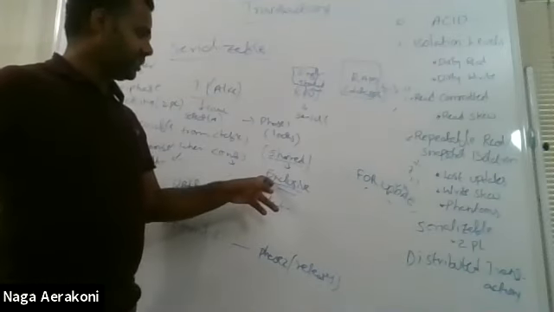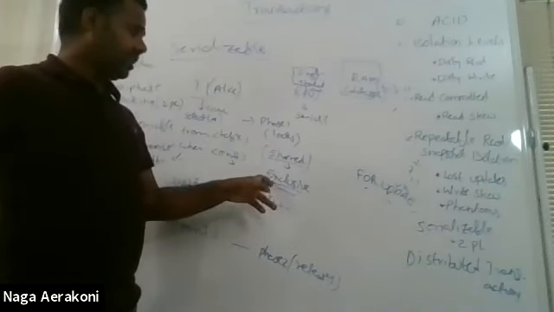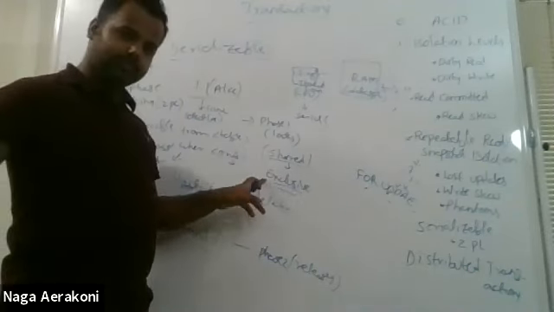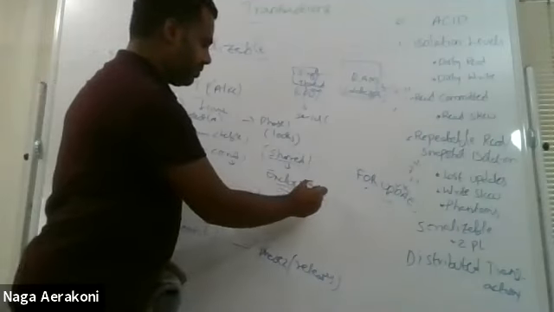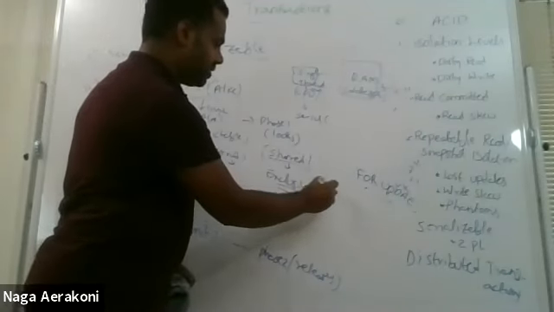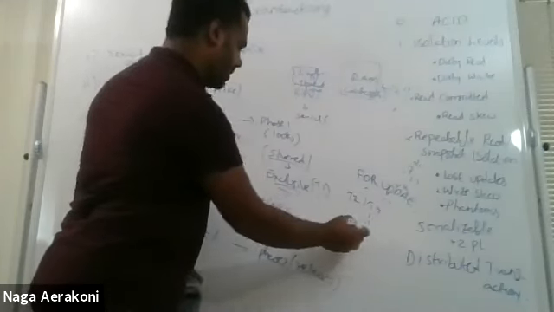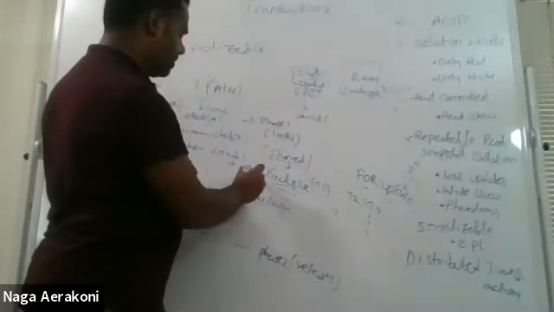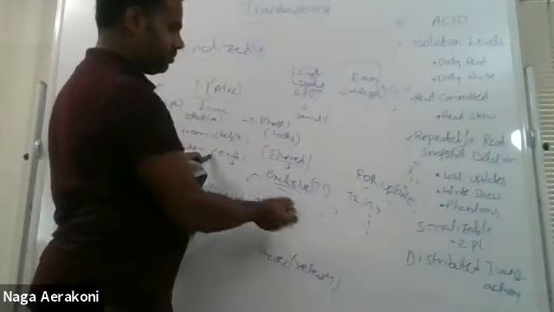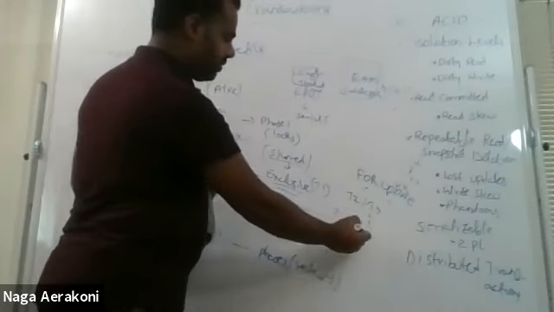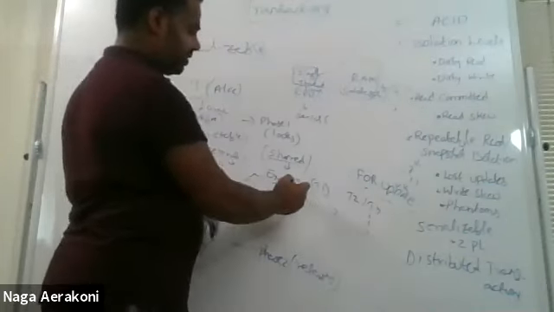So if T1 is holding the exclusive lock, and T2 or T3 or any other transaction wants to read the same data that T1 is operating on, they won't be able to read. They need to wait for this lock.